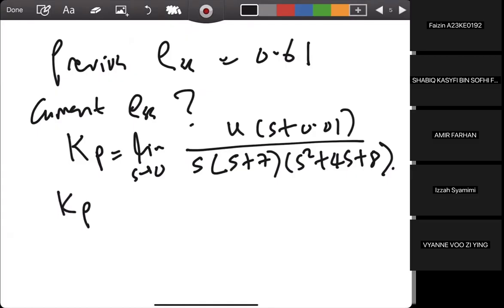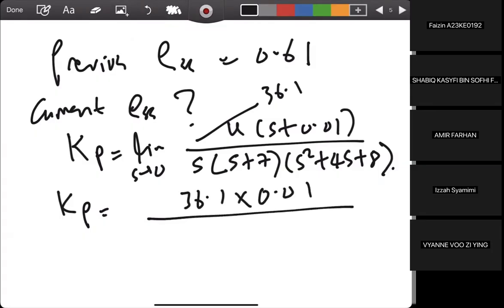So this one is 36.1. Kan? So replace with 0, 36.1 multiplied by 0.01. 0 multiplied 7 multiplied 8.